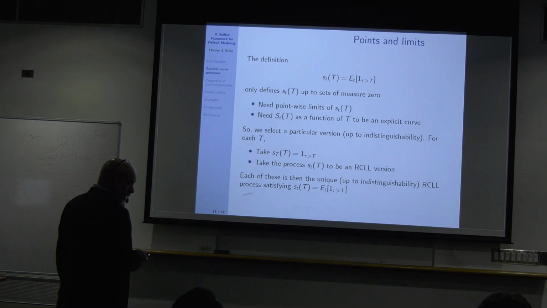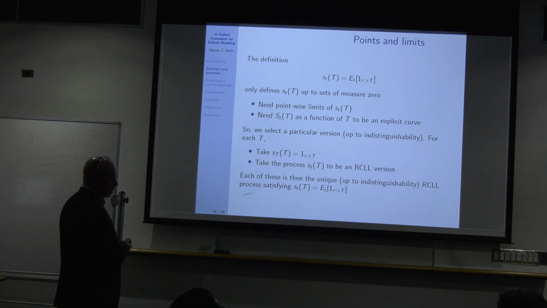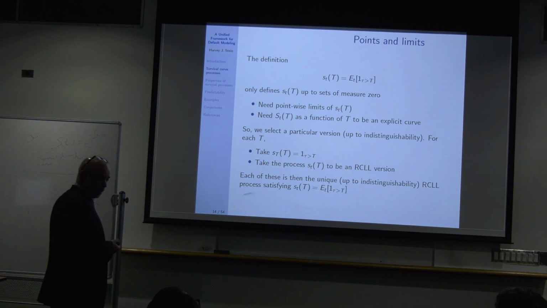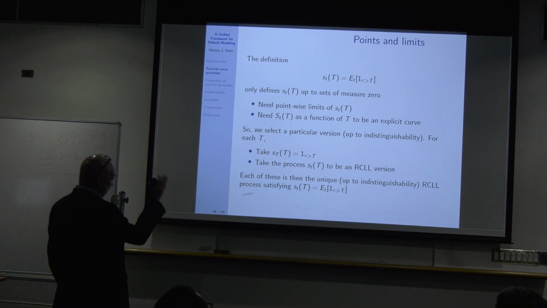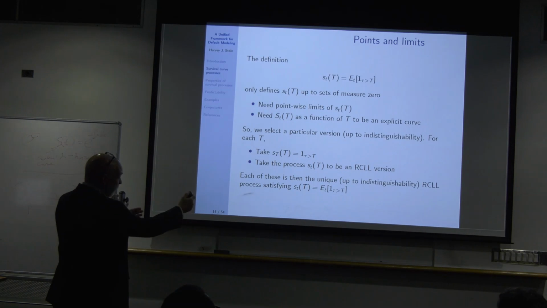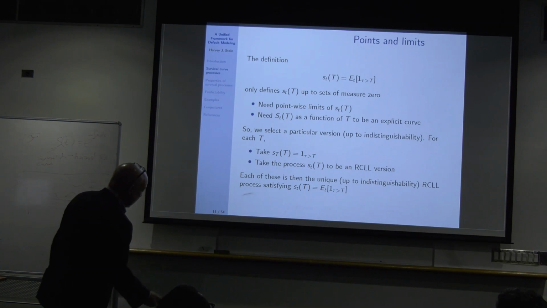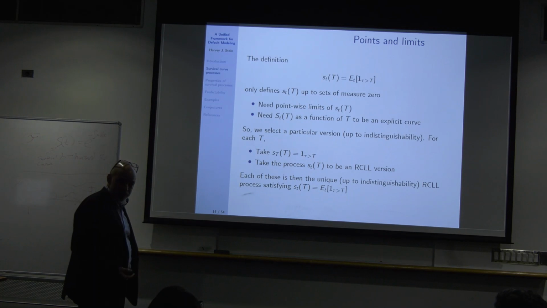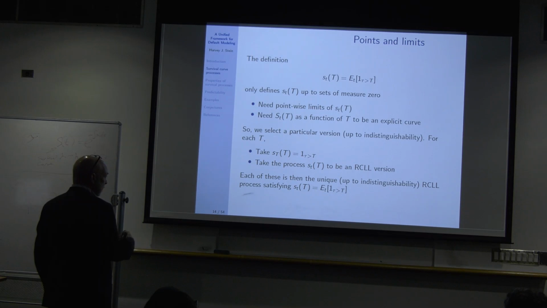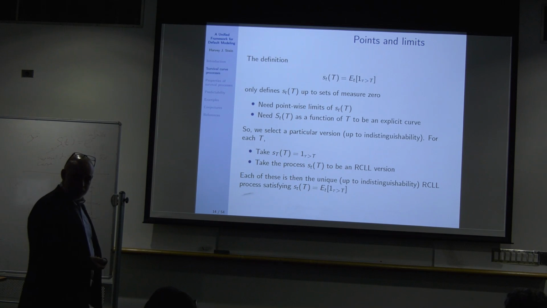Or in other words, you can change it on any measure zero set and you still have a realization of the conditional expectation. And now we want a process out of this, which means that these measure zero sets could be different every time little t, which complicates things, which makes it like an uncountable number of different processes that are all varying at different times and don't really have exactly values at these times. We want the values. So one thing we can do is try to select a particular version that works.